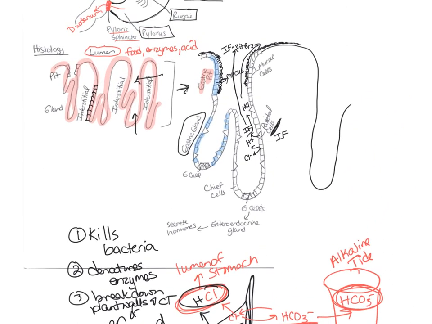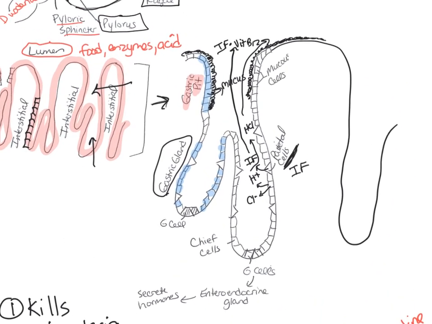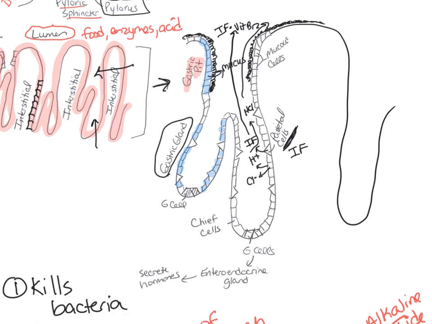All right, let's go back up here and take a look at another cell that's found in the gastric gland, and that other cell is the chief cell. The chief cells are also found in between the mucus cells and the parietal cells, right? The chief cells secrete a substance called pepsinogen.